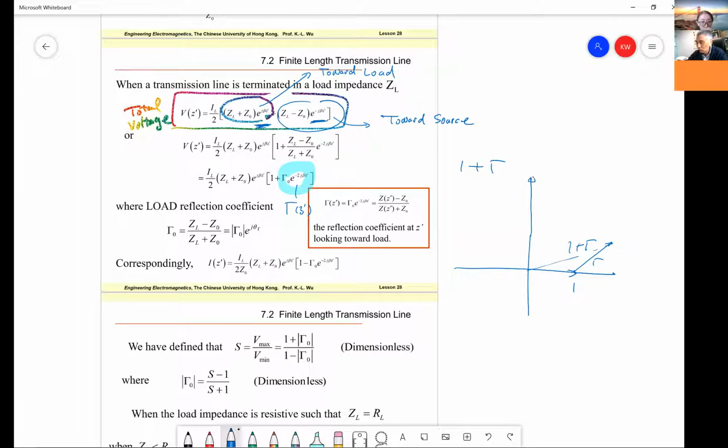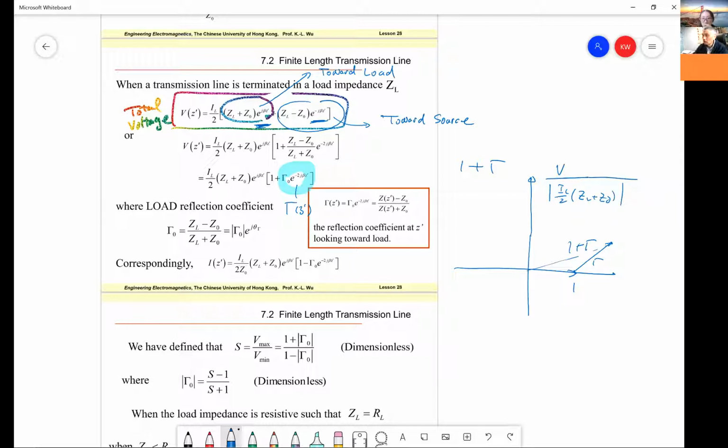So the voltage is proportional to this. The normalized voltage is the voltage divided by IL times (ZL plus Z0).